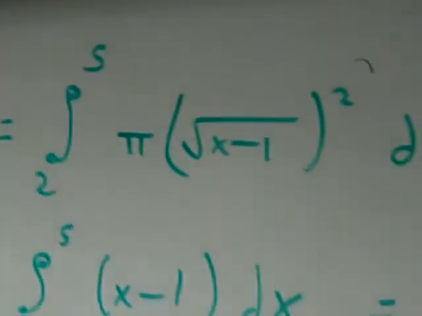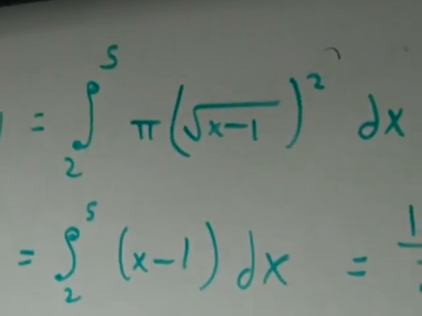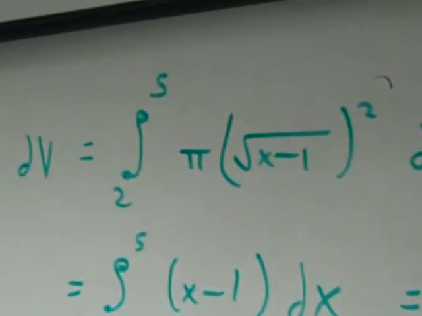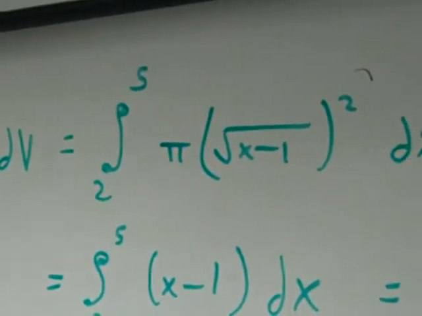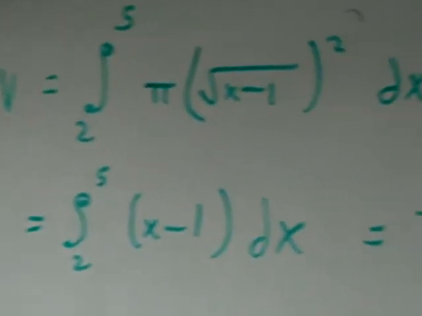Now here we do need our boundaries. From x equals 2 to x equals 5, we're putting dV in terms of x. And it's this guy. We're integrating from 2 to 5. So the integral, let me move, excuse me. Let's get this in view here.